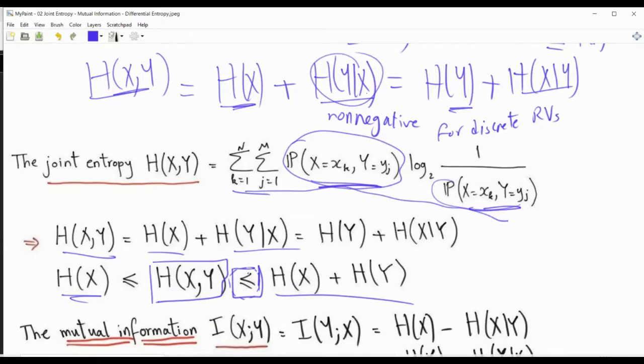This inequality comes from the inequality that the conditional entropy is less than or equal to the entropy itself. So once you have independence, you have equality for the conditional entropy, and this will be reflected here. So you have equality if you have independence.